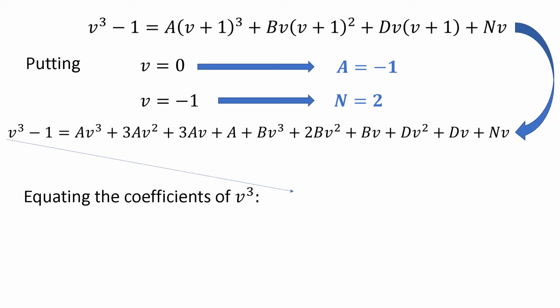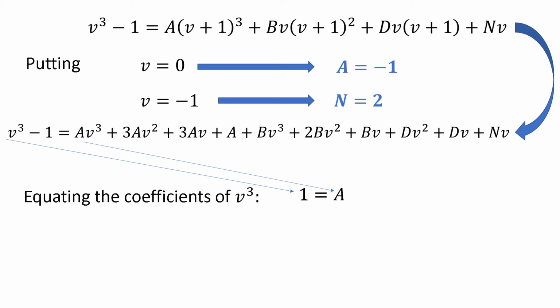On the left side, the coefficient of v cubed is 1. So that will be 1 is equal to the coefficients of v cubed on the right side of the equation. The first that we could see is the coefficient of v cubed, which is A.